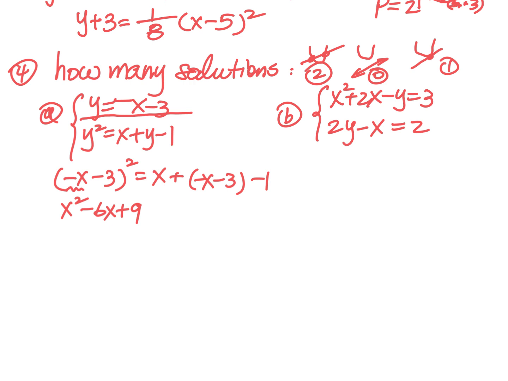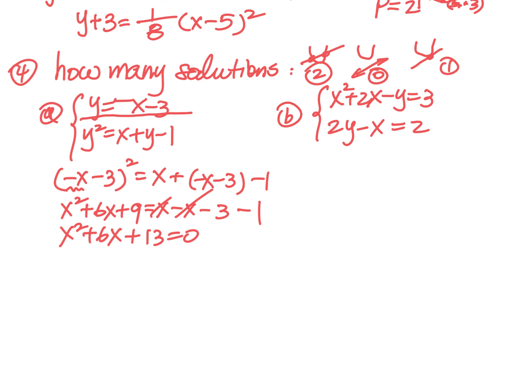Since this is negative, negative becomes a positive. And then equal to x minus 3 minus 1. So you have x squared, this 2x cross it out, plus 6x, and then plus 5. 9 plus 4, 13.